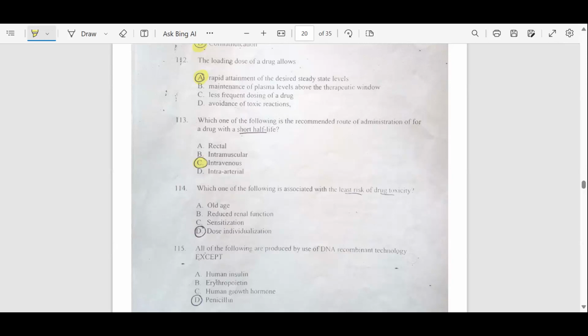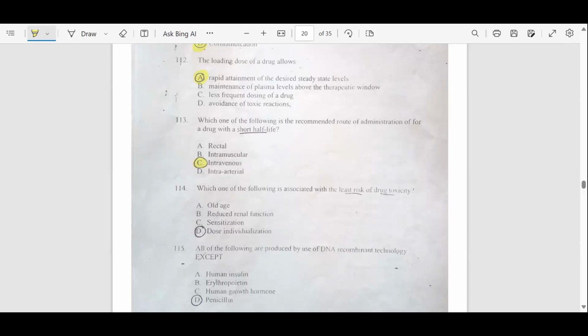Most of them. So 114, which of the following is associated with the least... Divya is adding something on number 112. She's saying that intramuscular drugs have a longer half-life, so that one is eliminated.